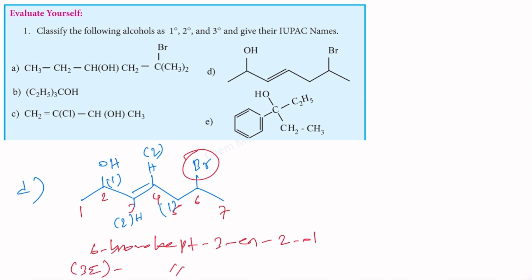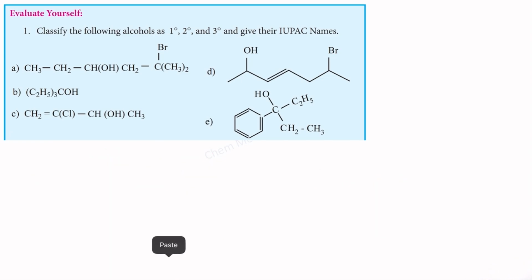That is the correct IUPAC name specifying the geometrical isomerism here. Now, what type of alcohol is it? The carbon atom bearing the OH group is directly connected to 2 other carbons, and therefore this is a secondary alcohol.